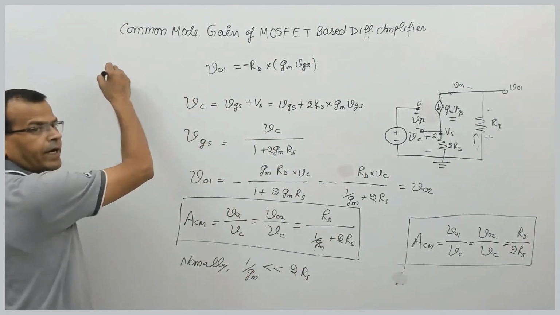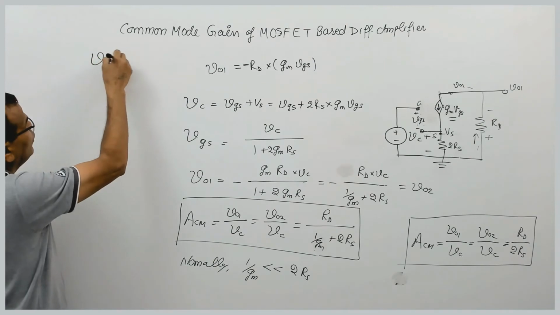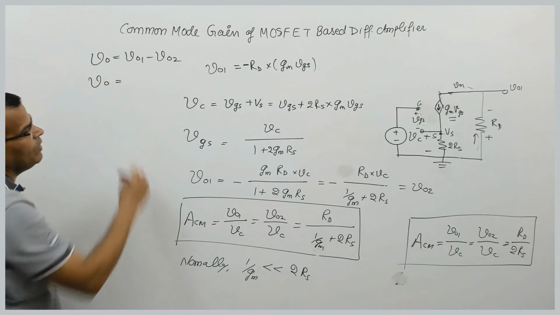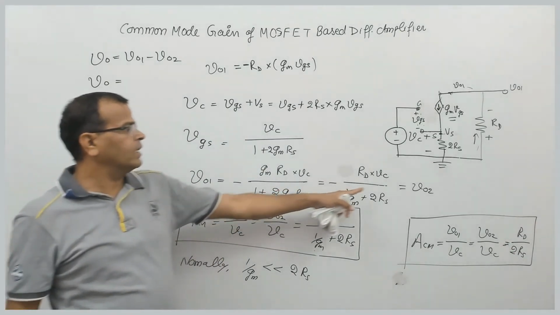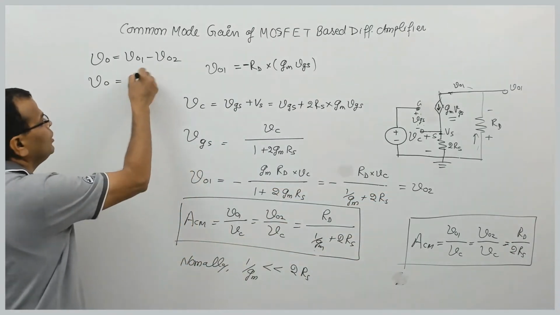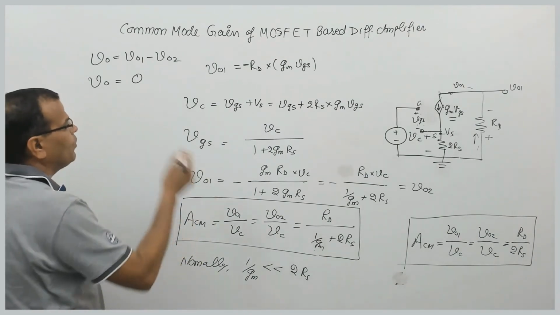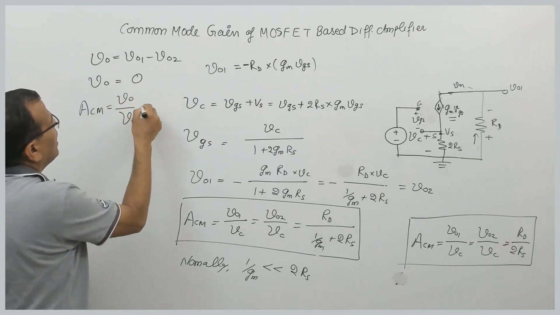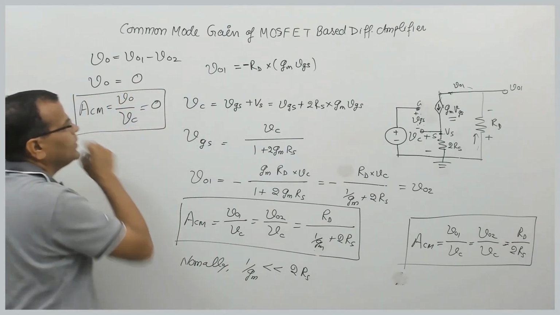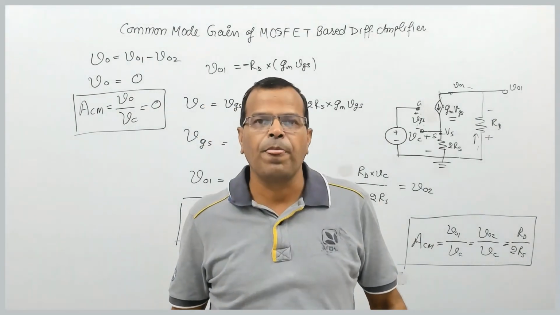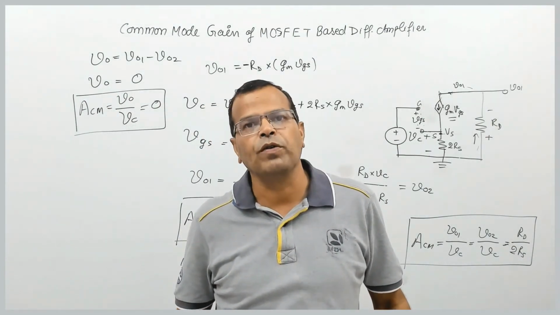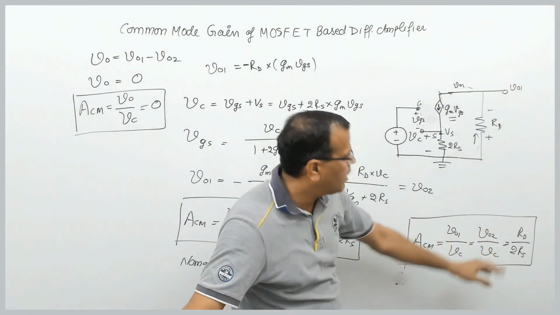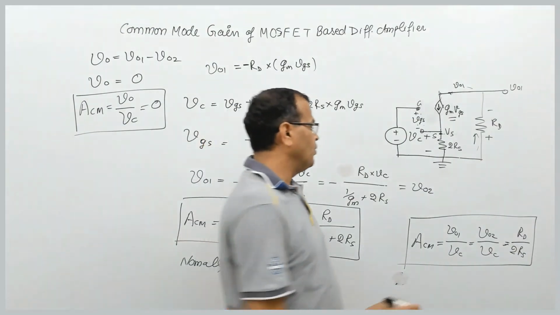If you take double-ended output, that means V0 equals V01 minus V02, and V01 is the same as V02, so that will be 0. If the output is 0, so ACM will be V0 upon VC, and that will be 0. That means the common mode gain for differential output will be 0, but the common mode gain for single-ended output will be RD upon twice RS. You should remember this expression.